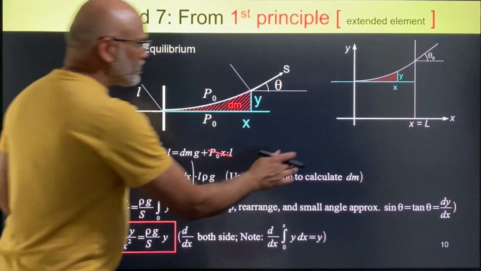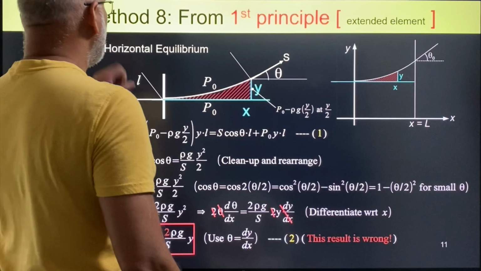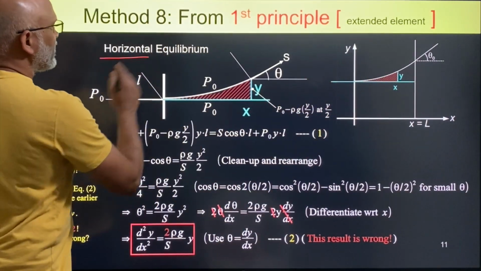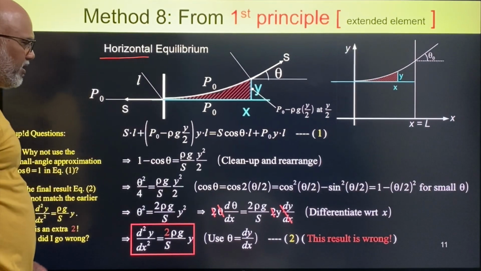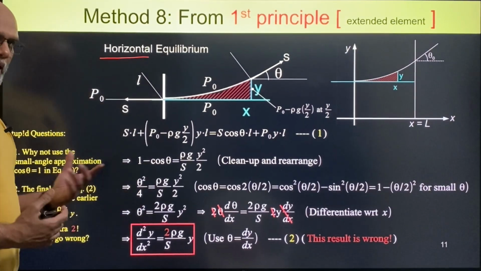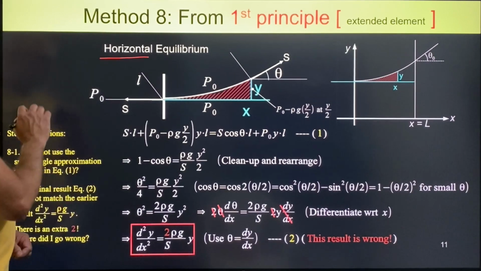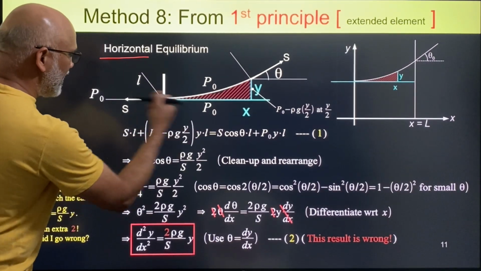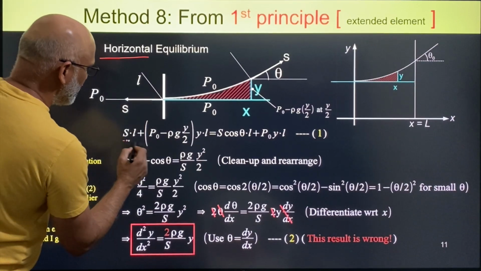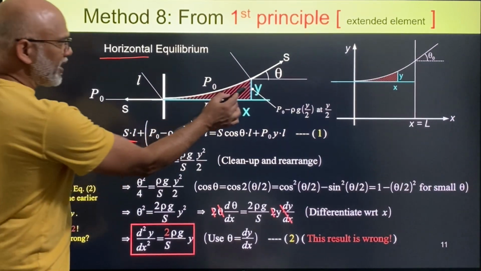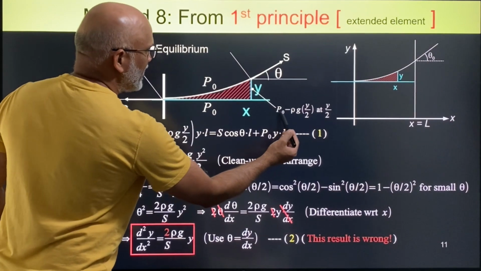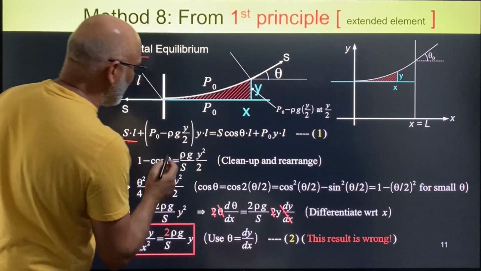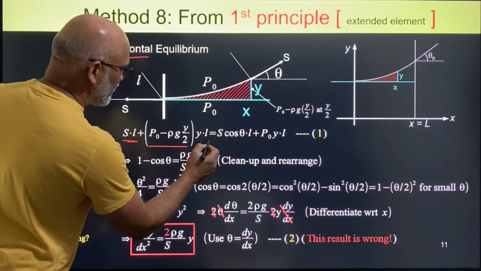All right, the last method here. In this case I have the same element, but now I'm balancing the force in the horizontal direction. So let me go through it a little bit. The forces to the left are the surface tension times length, and then the pressure here, which is P0 minus rho g, taking the pressure at the center, times the area.